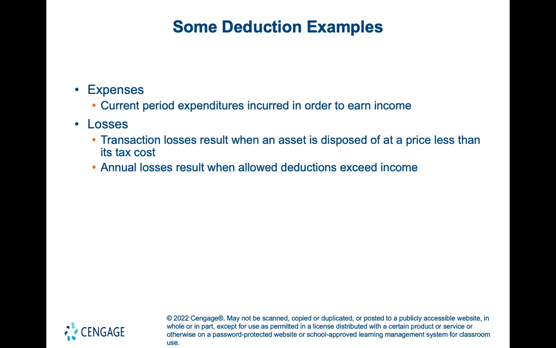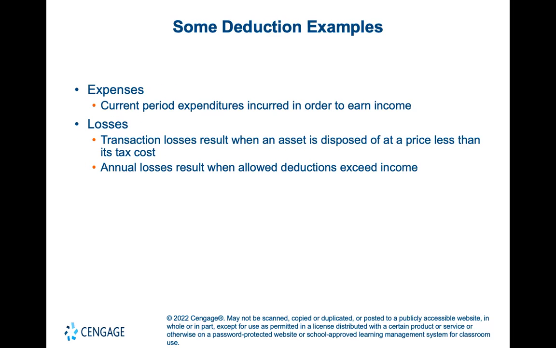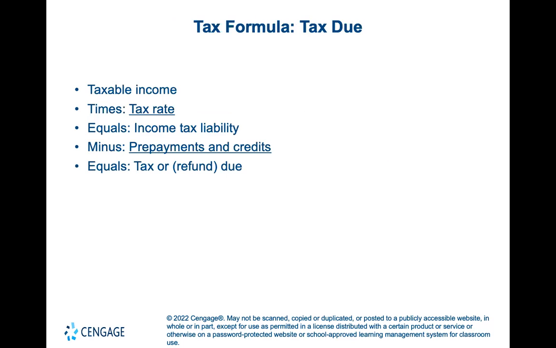Let's say you sold your house, it's worth $200,000 and you only could sell it for $150,000, so that would be a $50,000 loss. Annual losses result when allowed deductions exceed income. That's just an example of what I just showed you as far as the loss. We usually refer to these as capital gains or capital losses sometimes.